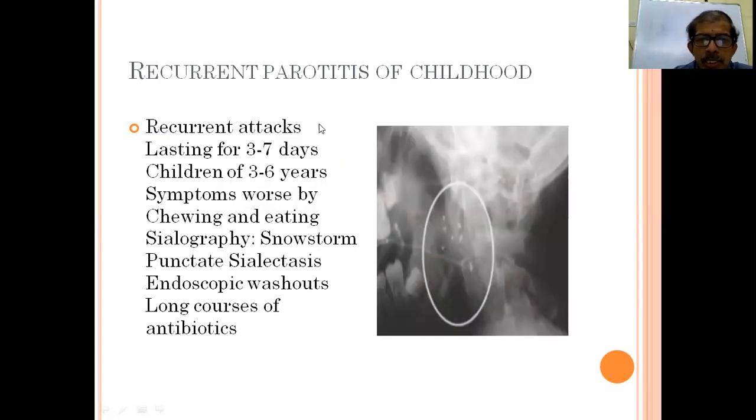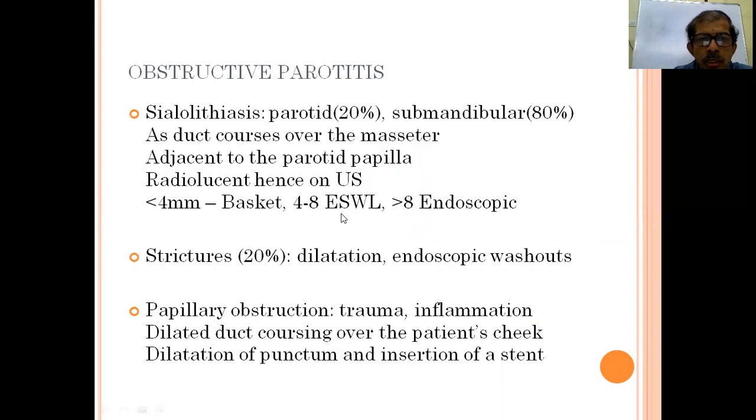Recurrent parotitis can occur in children, and on sialography you can see the snowstorm appearance. Obstruction, as I already told you, is mainly common in the submandibular gland, whereas in the parotid also you can actually feel the stone if it is in the duct, by palpating parallel to the zygomatic process over the masseter.